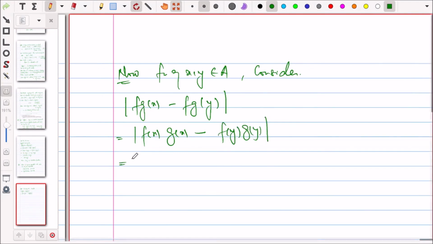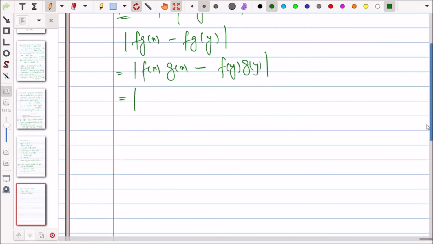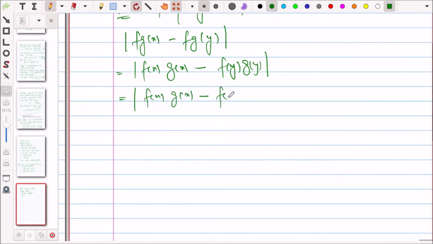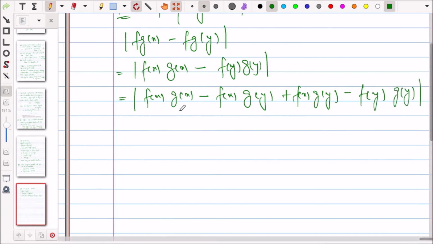Now, as we did for the product of two continuous functions, we will take the mixed form. We will add and subtract f(x)g(y). So this is f(y)g(y), and we have added and subtracted this term.